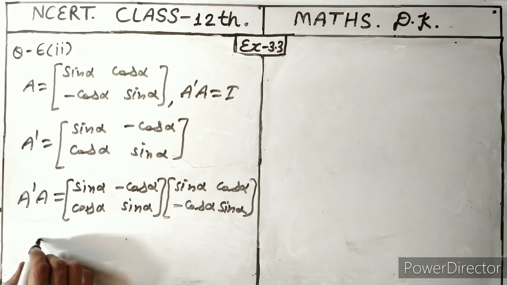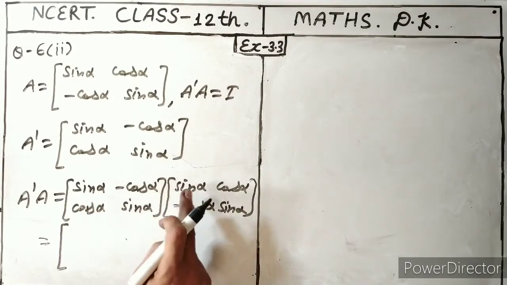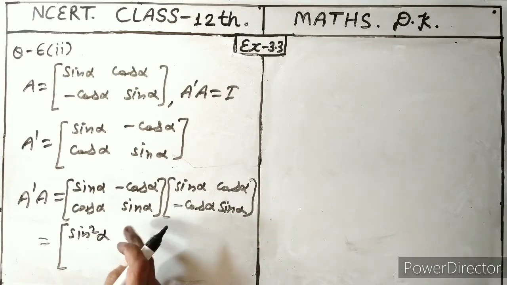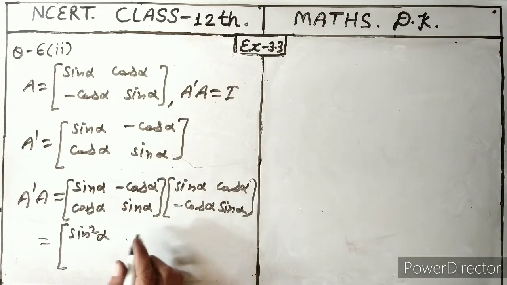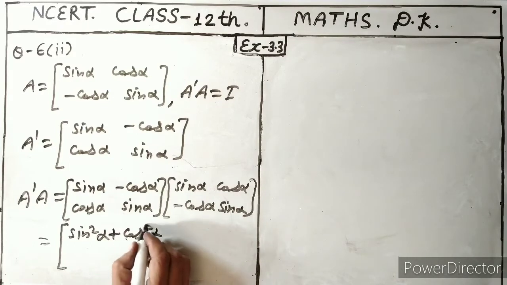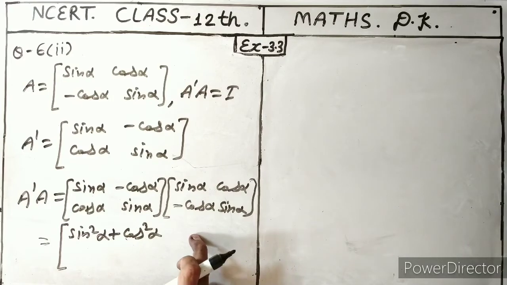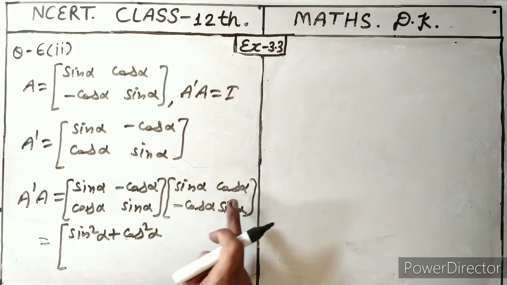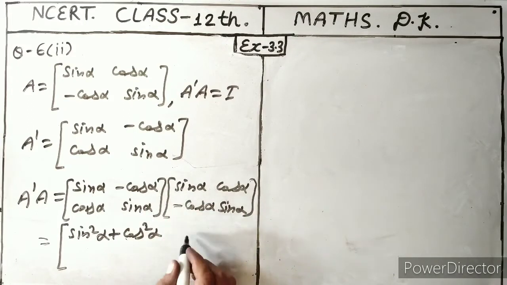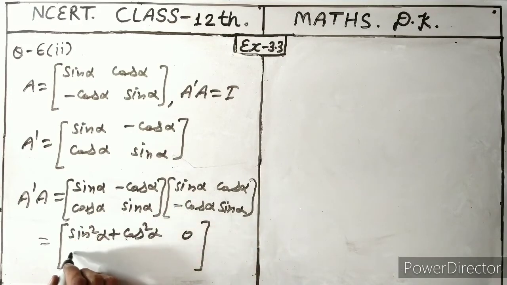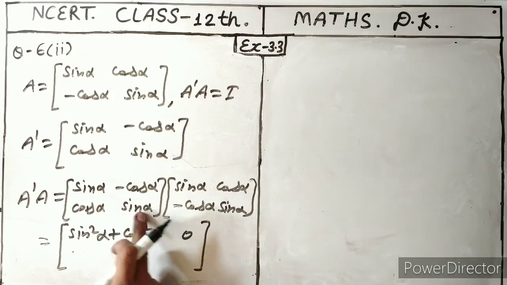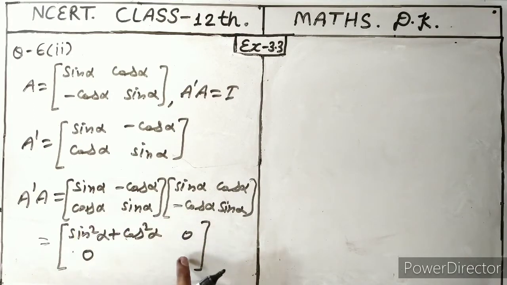Product of these two matrices is sin alpha sin alpha, sin square alpha, plus cos square alpha, and in second column sin alpha cos alpha minus cos alpha sin alpha 0, and in second row cos alpha sin alpha minus sin alpha cos alpha, this is 0, and in second column cos alpha cos alpha, cos square alpha, and plus sin square alpha.